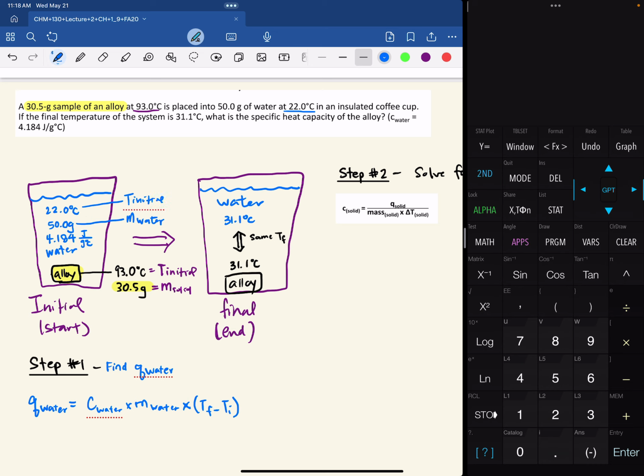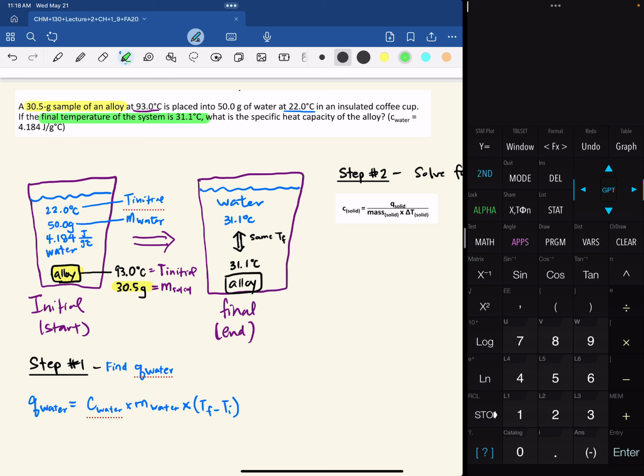And then the last sentence says, if the final temperature of the system is 31.1 degrees. This is really important to pick up. The final temperature of the system is 31.1 degrees Celsius, meaning that they've measured the water at 31.1 degrees Celsius, but they're assuming that the system, which means the water and the metal, or the alloy, are both at the same temperature at the end of the experiment.